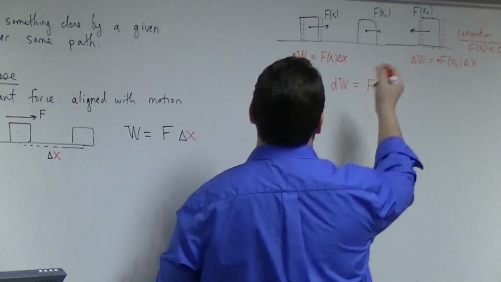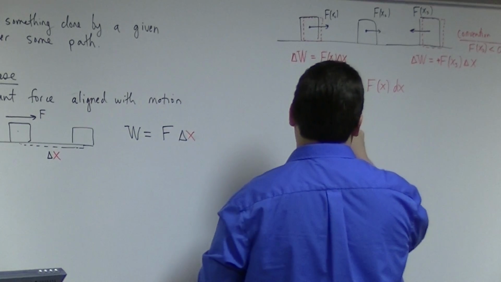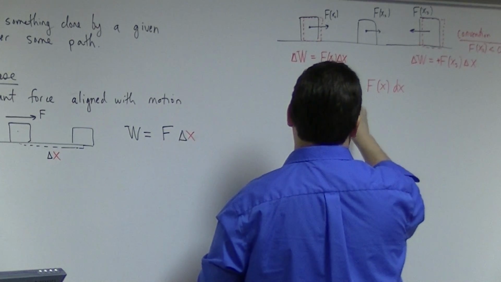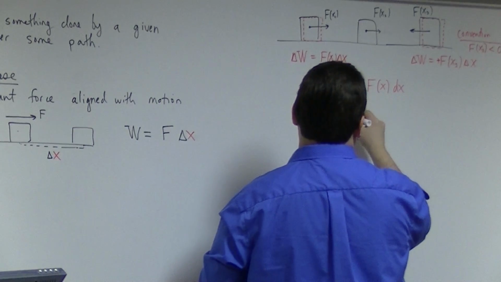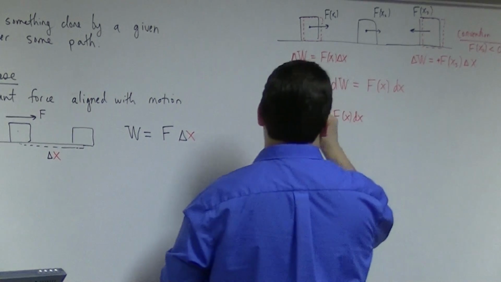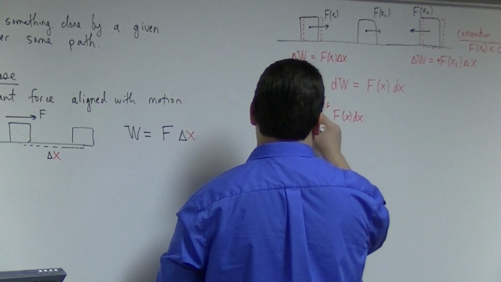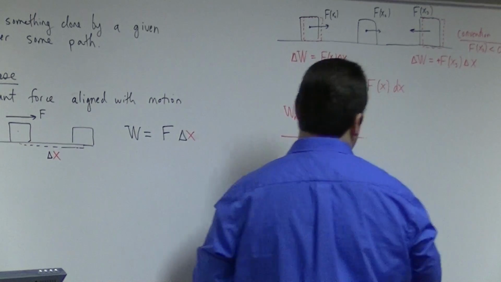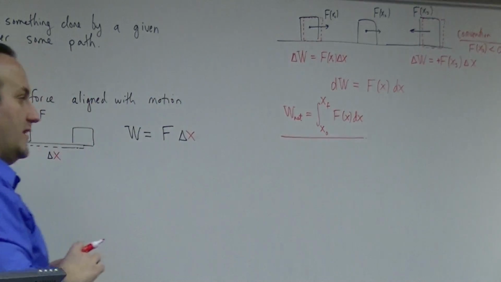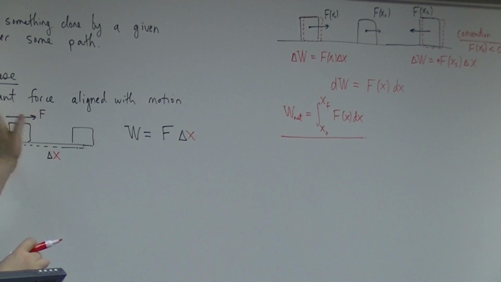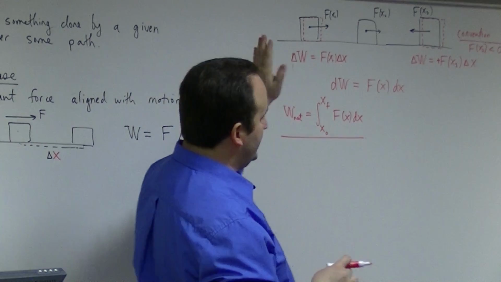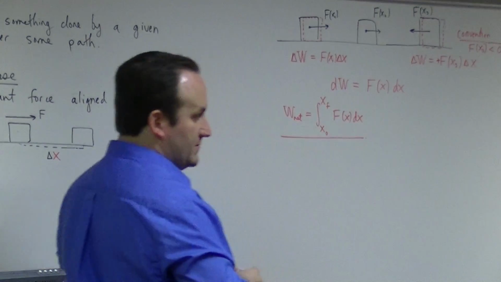I say integral from the starting x to the finishing x of f of x dx. That would give me the net work done. Okay, so constant force, same direction, just force times distance. Varying force, same direction, I can integrate.